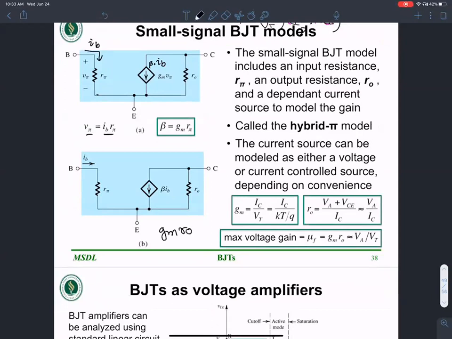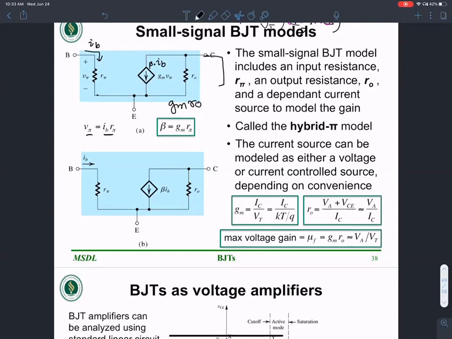So this, gm r naught, is called the intrinsic gain, or the maximum gain that we can get out of this BJT amplifier. Okay, as it turns out, for most transconductance amplifiers, if I connected a load resistance RL over here, the gain would be gm times r naught in parallel with RL. So the gain has fallen. The parallel combination of r naught and RL is always less than r naught.